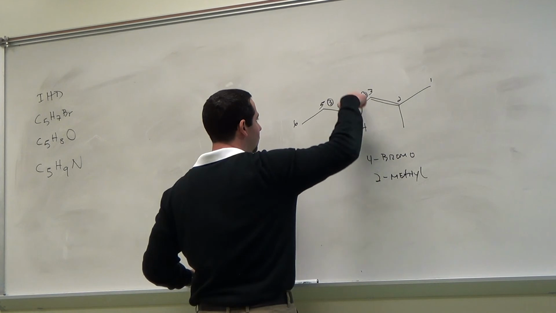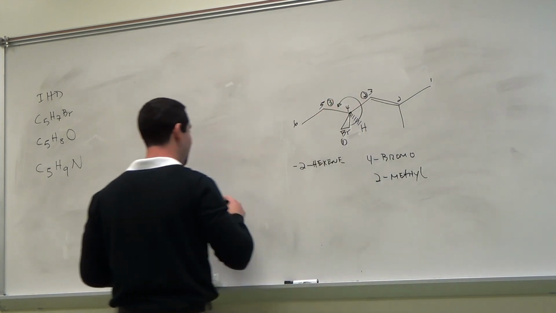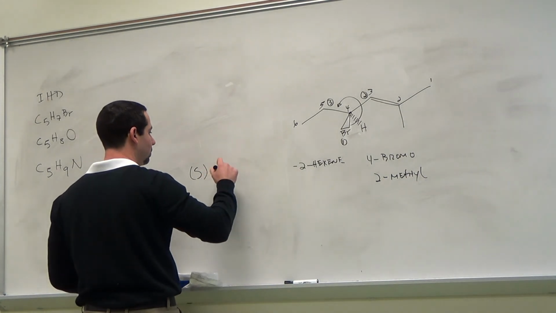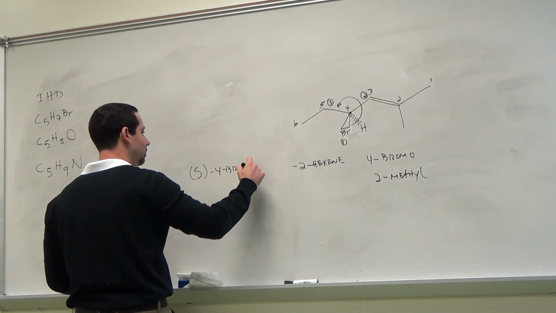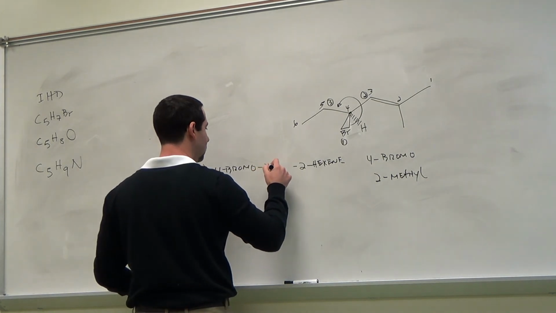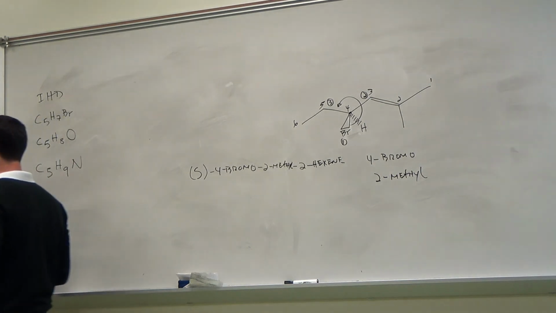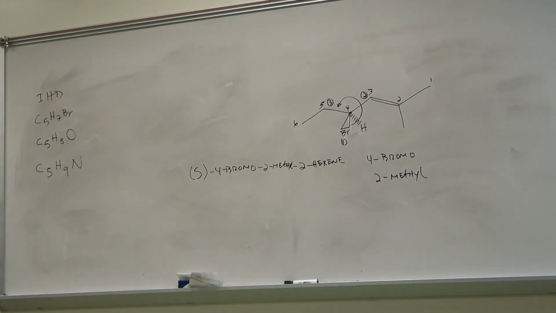Okay, so this is S. So this is called S, 4 bromo, 2 methyl, 2 hexene. And if we had more than one chiral center in that molecule, we would also put the parentheses even if it's in the middle of the name.